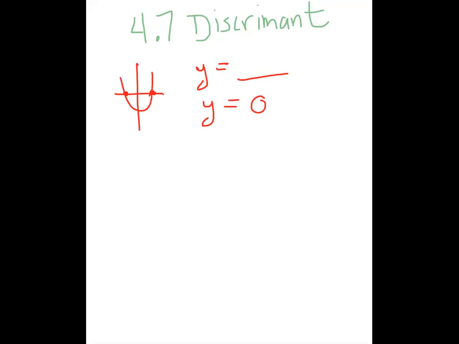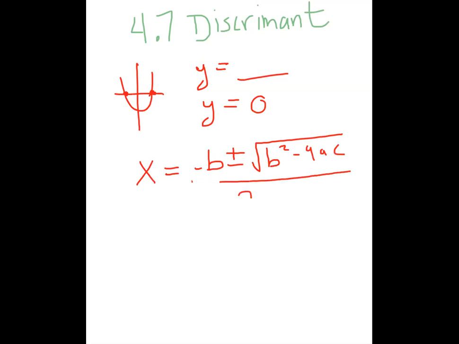And that formula is this beast right here: the opposite of b plus or minus the square root of b squared minus 4ac, all divided by 2a. So again, not the focus of this class, but if you had to find the x-intercepts with a pencil, you could use that formula.